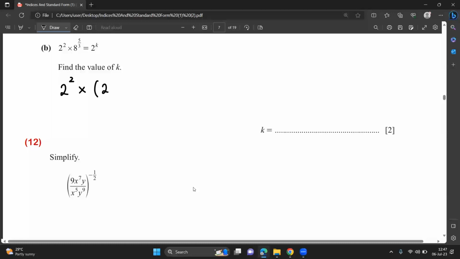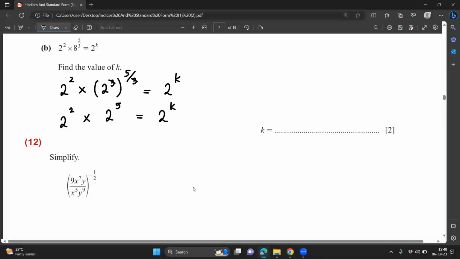Change 8 to 2 to the power 3 equals 2 to the power k. When we have a bracket, what do we do to the powers? We multiply. What is 3 into 5 over 3? 5. Because 3 and 3 gets cancelled, right? When you multiply, these two 3's will get cancelled. So we have 2 squared multiplied by 2 to the power 5 equals 2 to the power k.